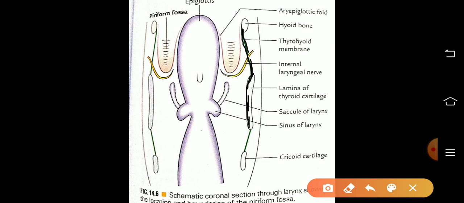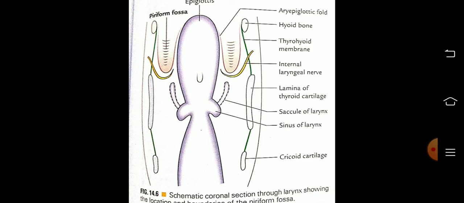This is forming the lateral boundary of the piriform fossa. So as you can see, this is the piriform fossa, and the thyroid membrane and lamina of the thyroid cartilage are forming the lateral wall.